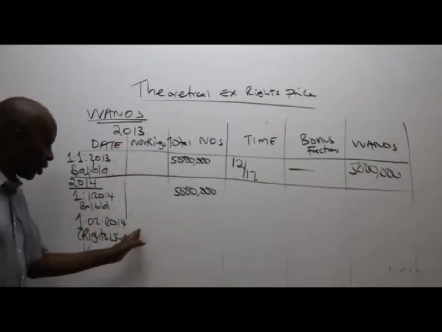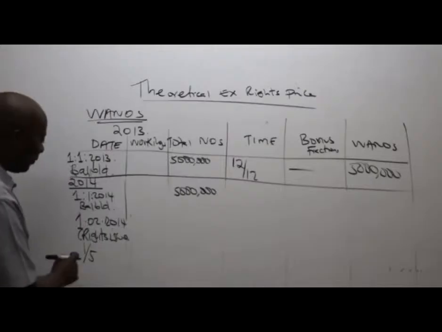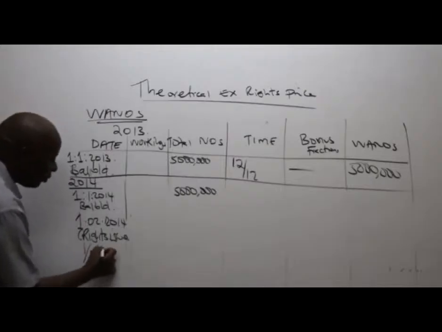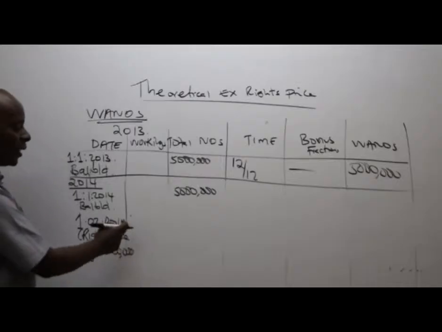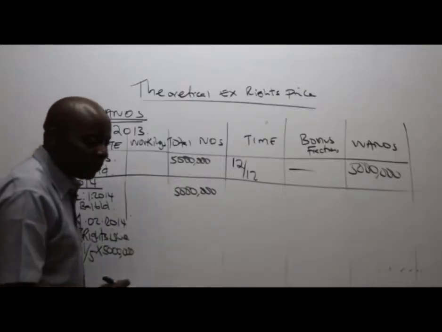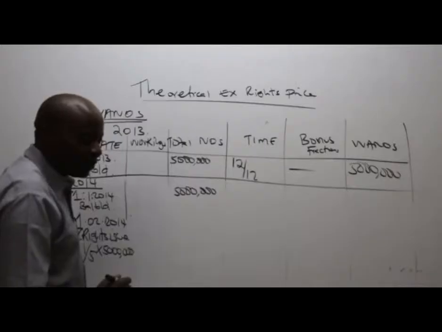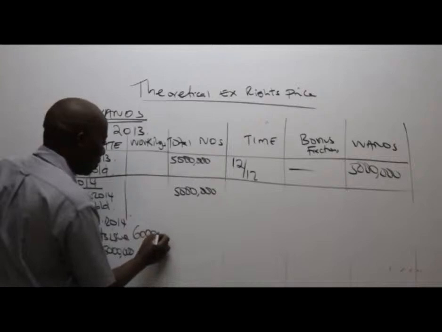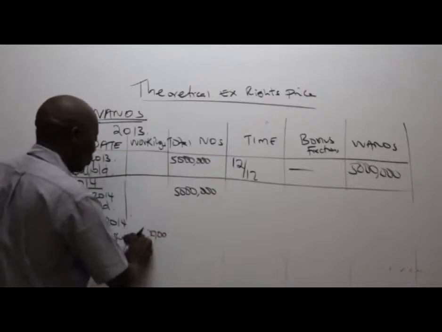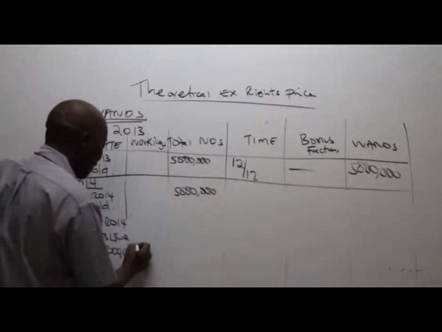If you wish, you can use this column for workings, but if I'm the one doing this, I'll talk of 1/5 of 5 million, which gives me how many shares? 1 million, not 6.